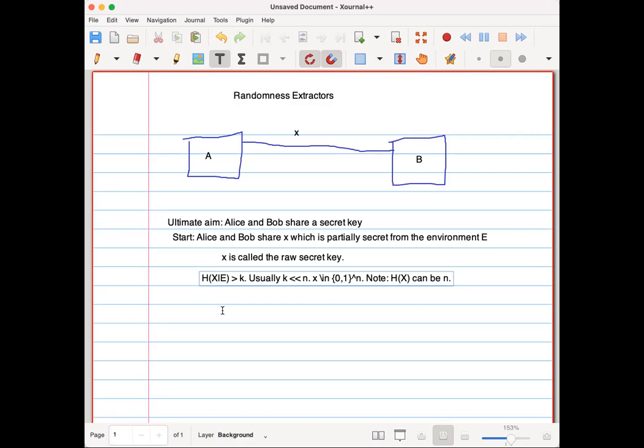Whatever the real-world example which I gave is supposed to capture that. Alice and Bob have some common information which they believe is somewhat secret and somewhat random. It is secret from others because they don't think the others would know exactly the date they first met, the color of Bob's t-shirt and so on.